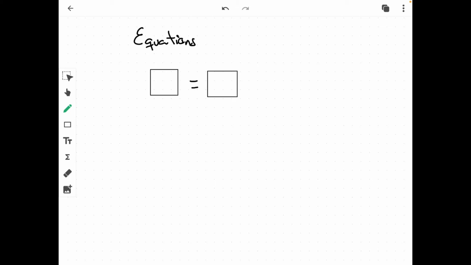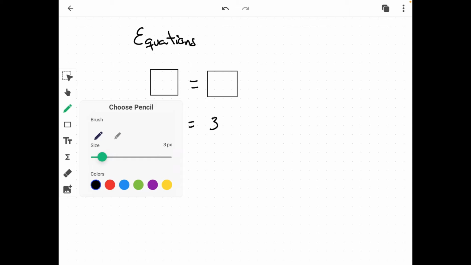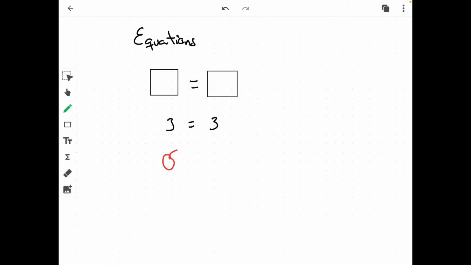In another sense, we can say that 3 is equal to 3. Or in a more childlike way, we can say that one cherry is equal to another cherry. But these are just approximations of how we can form an equation and what an equation is.